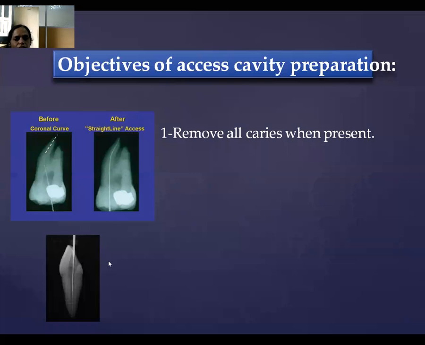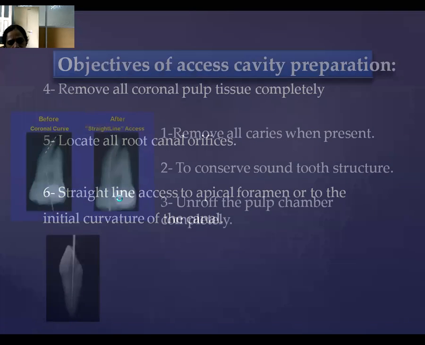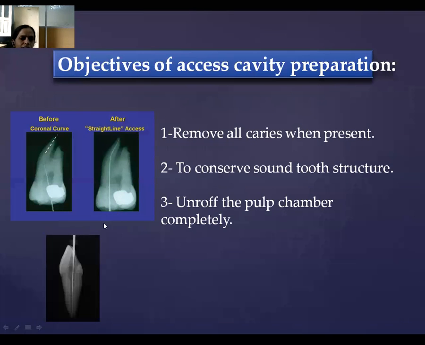In addition to that, we should remove all caries present over here. We should remove all restorative material present here. And in addition to that, I just told you, your instrument should not get obstructed in the pulp chamber area. How will it not get obstructed?